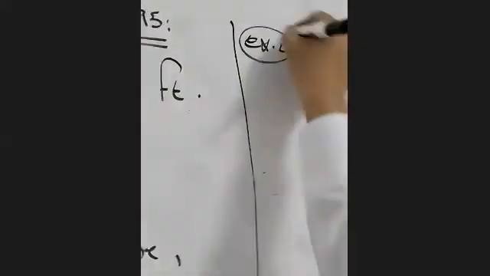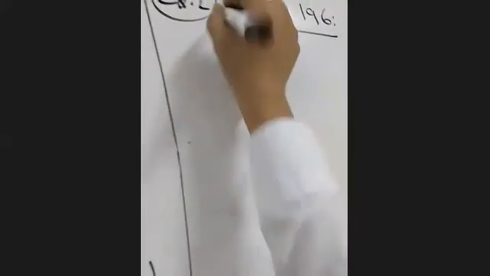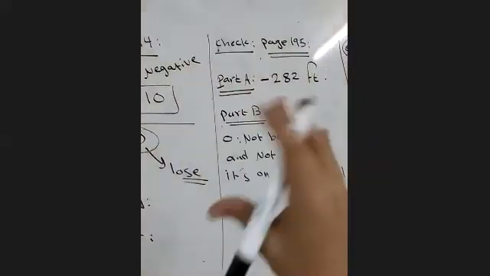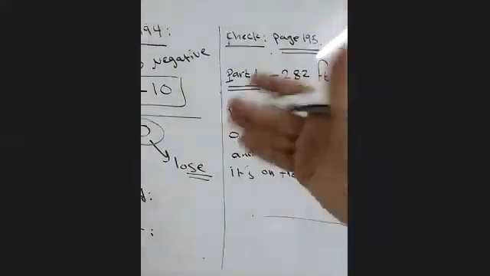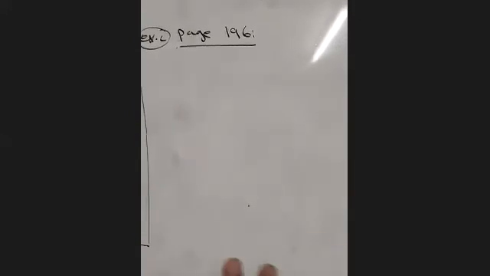Focus here, guys. This is the second idea. The first idea is how to talk about integers in different situations. Now here, we are talking about how to graph integers on a number line.